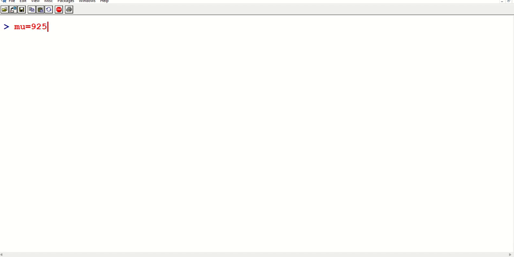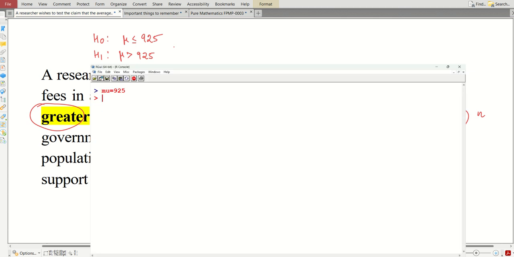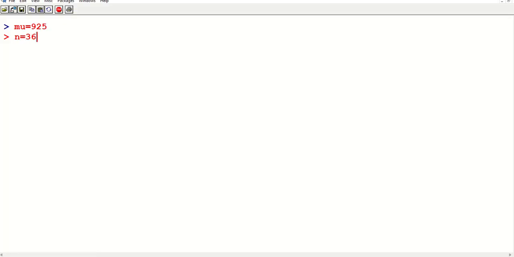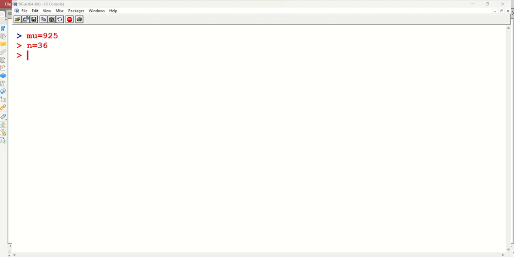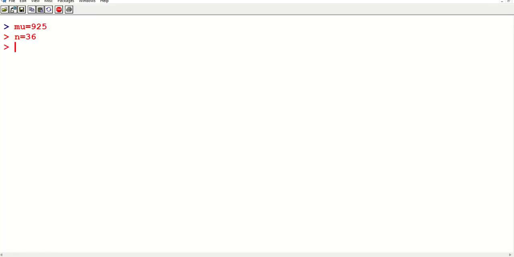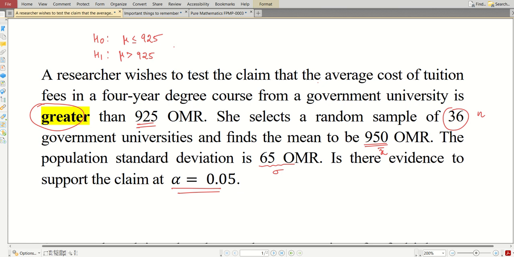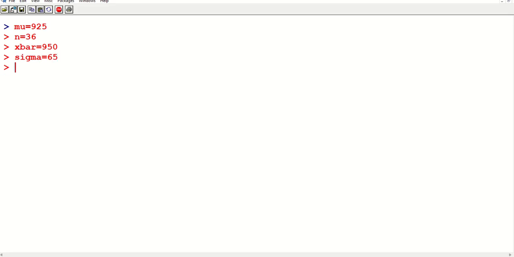The value of mu is 925. Then the value of n is 36. Then the value of x bar is 950. Then the value of sigma is 65. And alpha is equal to 0.05.